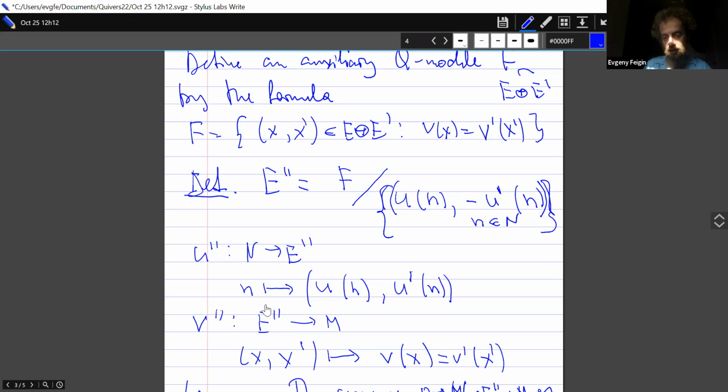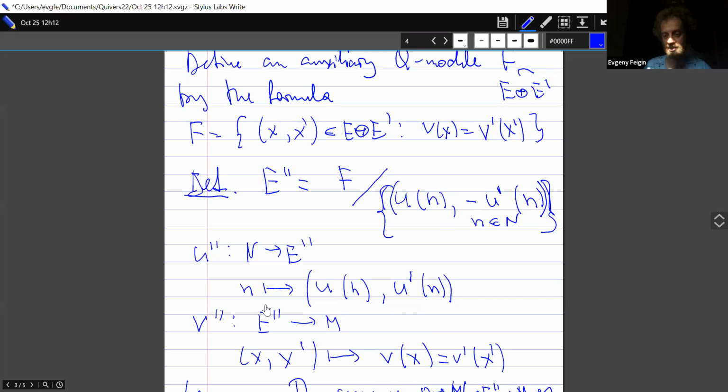And then we take the quotient by the space of pairs (u of n, minus u prime of n), and u prime of n is just n. So we take the quotient by the pairs (u of n, n), because u prime is just a trivial embedding. So it allows us to get rid of the component e prime.